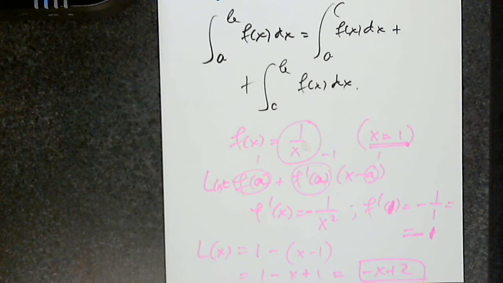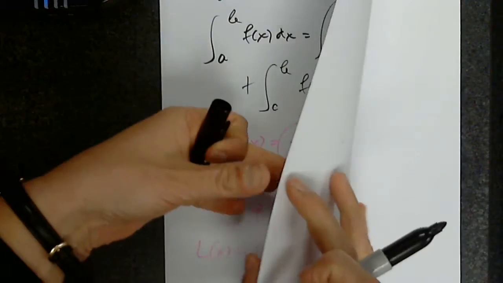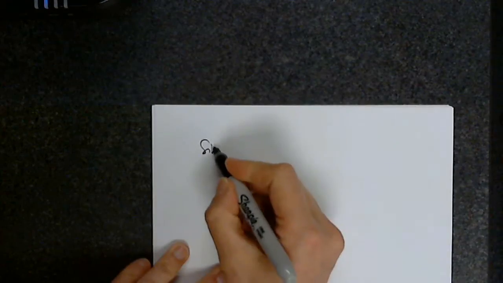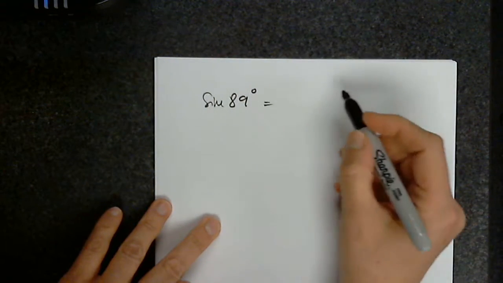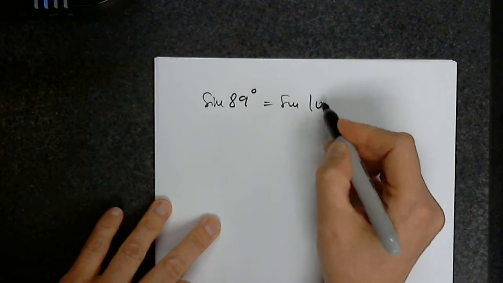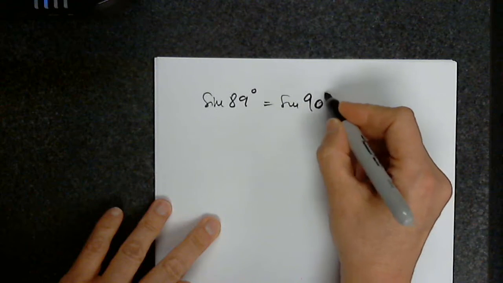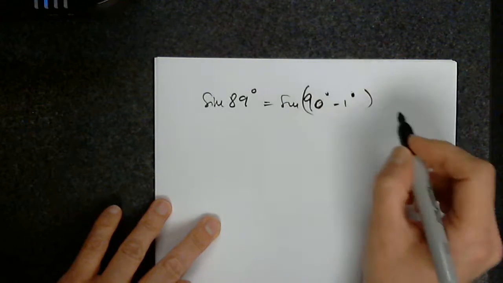What does that say? Use differentials to estimate sine 89. Yes. So we have sine 89 degrees, which is the same as sine of 90 degrees minus 1 degree.